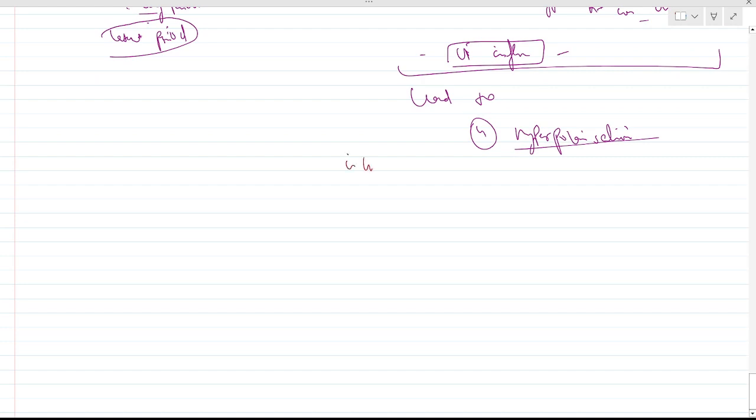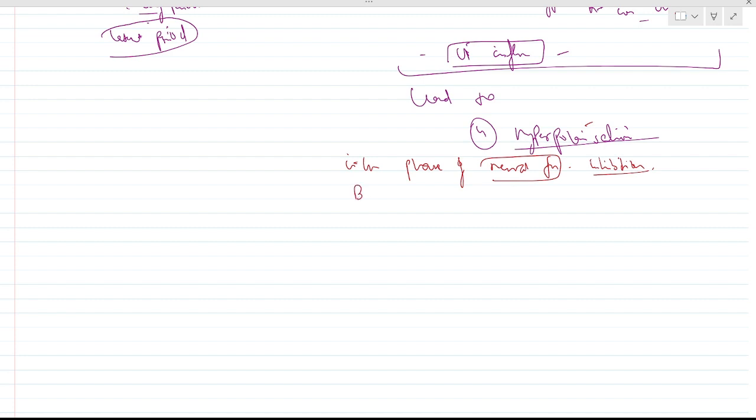Hyperpolarization is the phase of neuronal function inhibition. There will be inhibition of neuronal functions in this hyperpolarization phase.